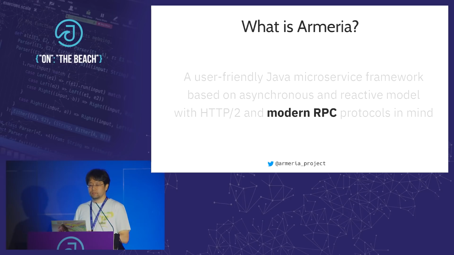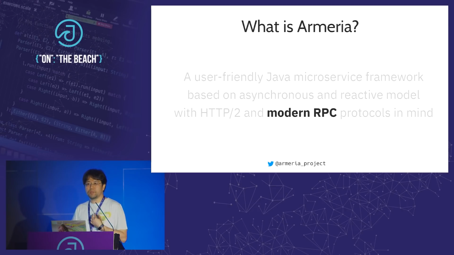Modern RPC. Many microservice frameworks, including Armeria, are based on HTTP, as you know, but it doesn't mean it supports only RESTful services. There are various compelling alternatives to REST in microservices architecture, and one of them is RPC protocols like gRPC and Thrift.